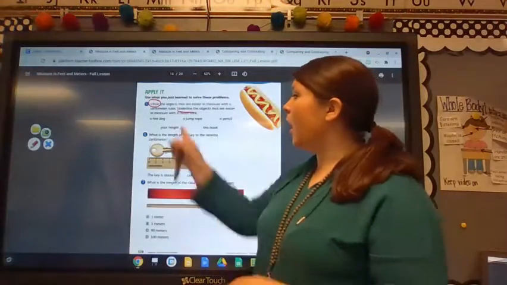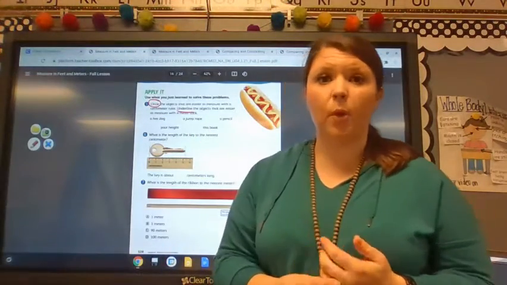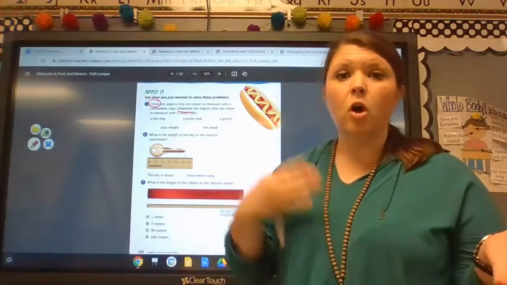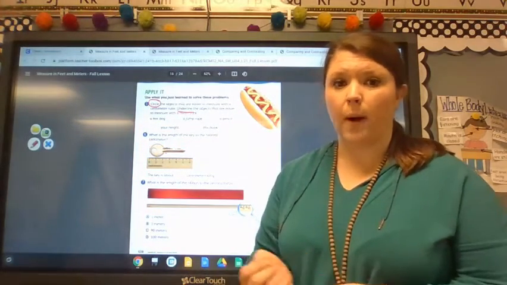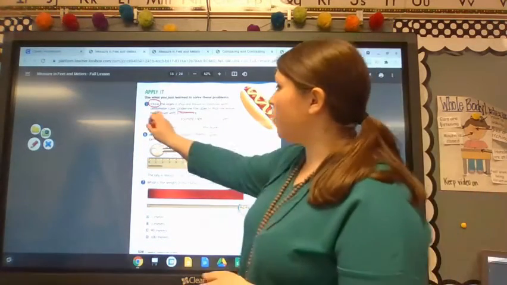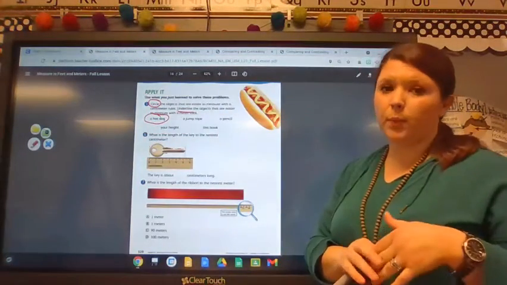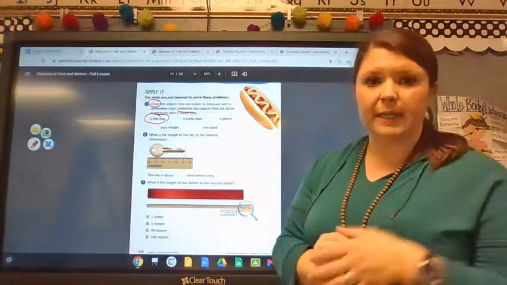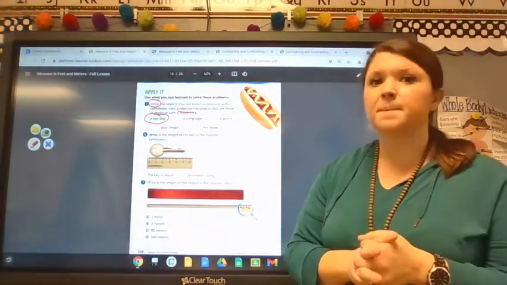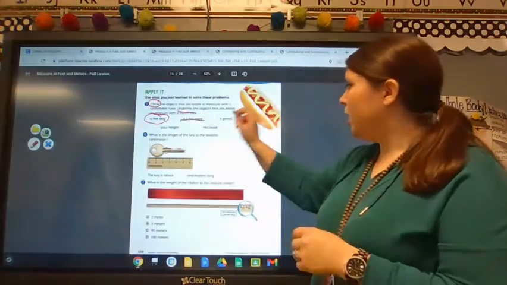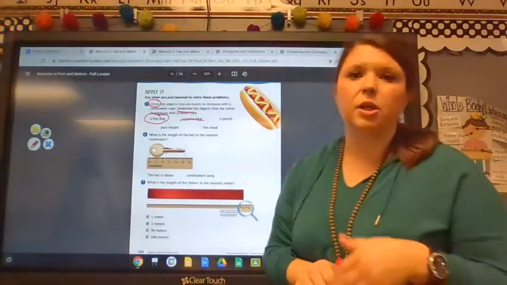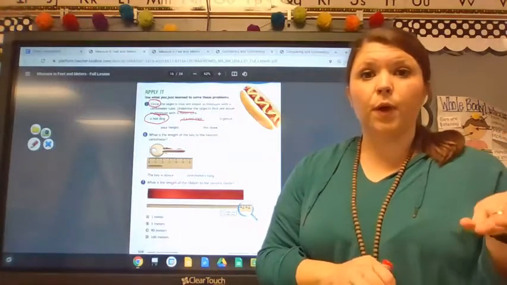All right, so let's look. A hot dog. Would a hot dog be more appropriate to measure with a ruler or a meter stick? Yeah, with a ruler. All right, what about a jump rope? Would a jump rope be more appropriate to measure with a ruler or a meter stick? A meter stick. All right, a pencil. Would it be more appropriate to use a ruler or a meter stick?